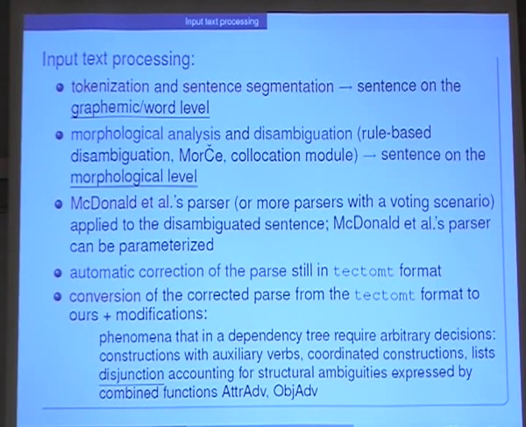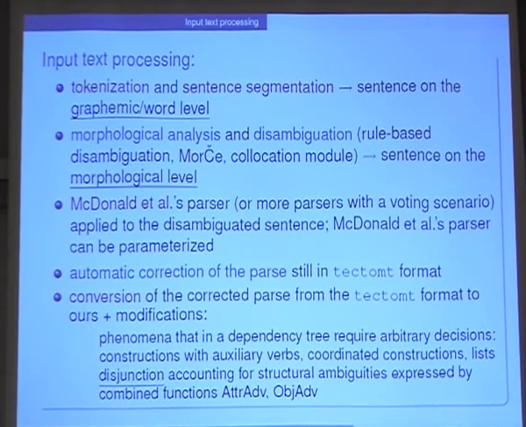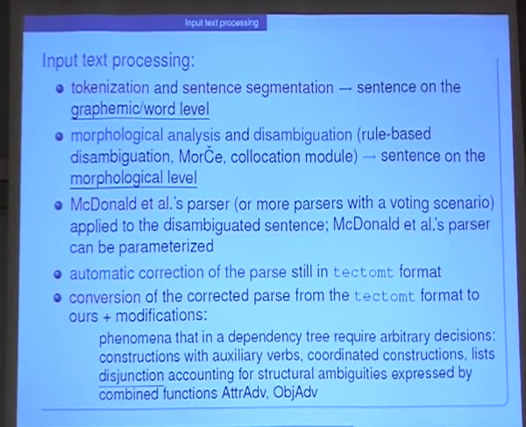In disambiguation, we use all the modules which are used for disambiguating corpora within the Czech National Corpus project. So we use rule-based disambiguation, RAPS, Morčev, and a collocation module. And the result is a sentence on the morphological level.